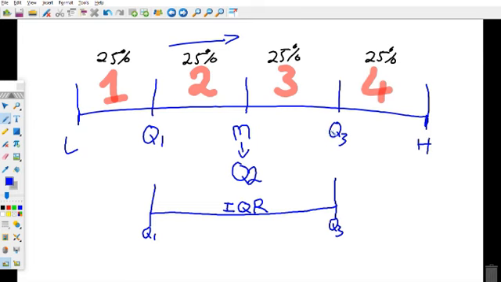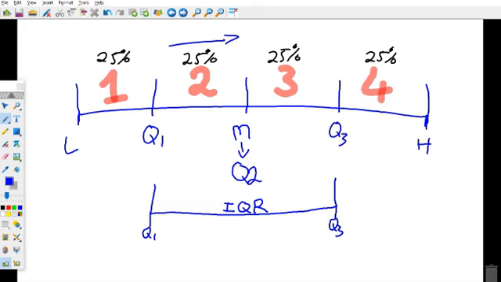So my quartile 2, or my median, separates my values into a highest half and a lowest half. You understand that? Okay, so do you agree then the quartile 1 separates the bottom half into another 2 halves? So you get 1 and 2. The quartile 3 separates the top half into another 2 halves, 3 and 4.